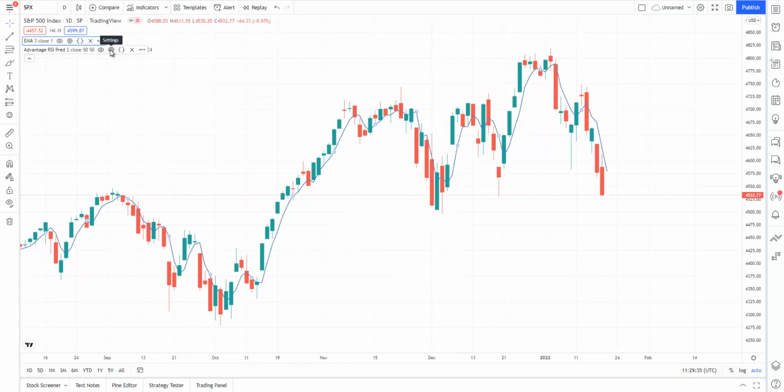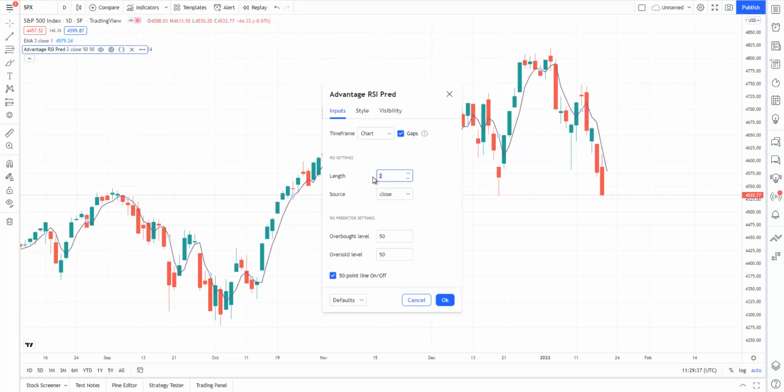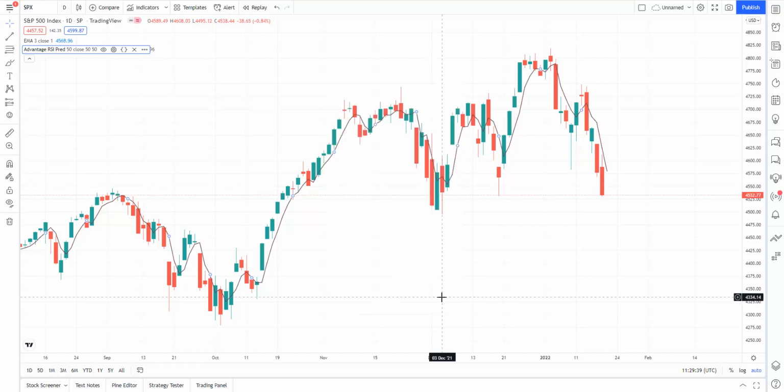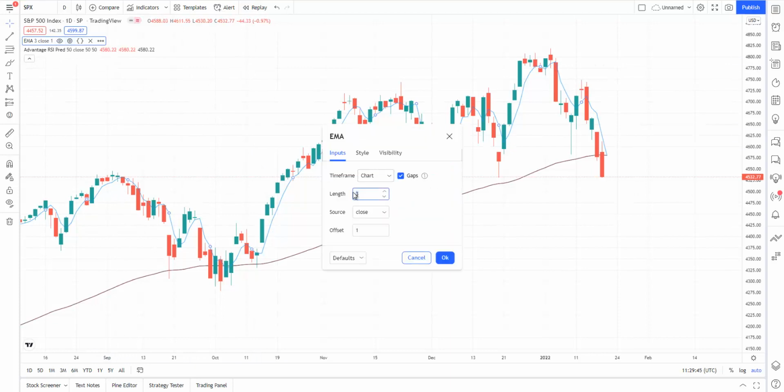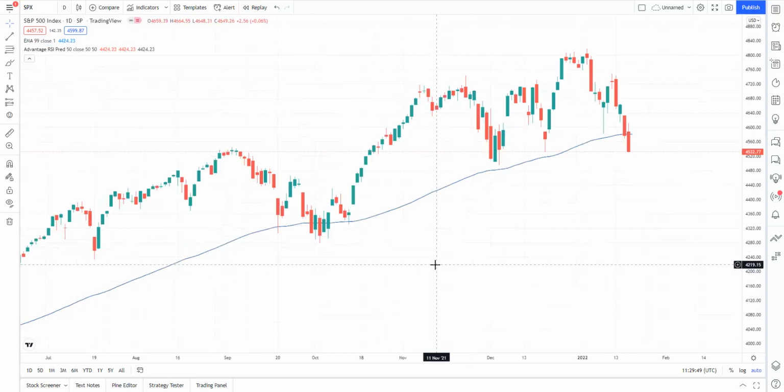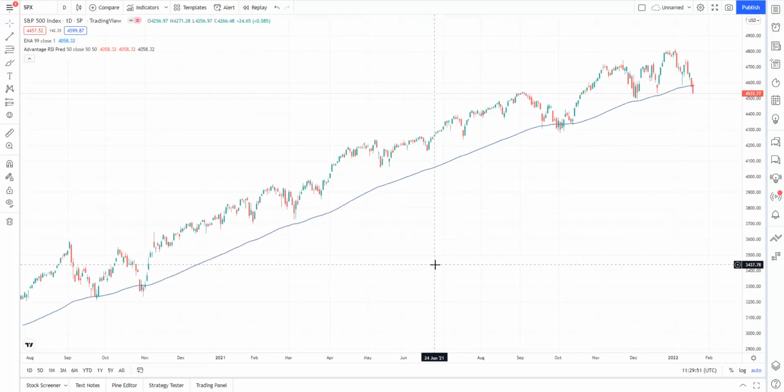Let's do RSI 50. Moving average has to be 99. It is exactly the same thing.